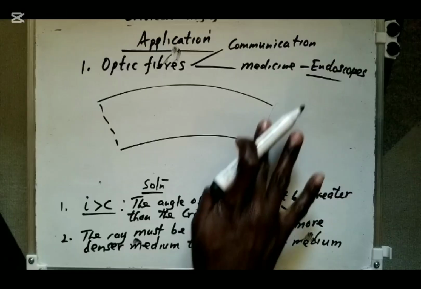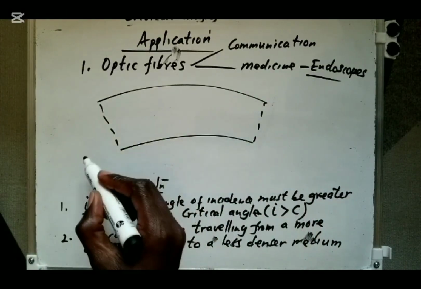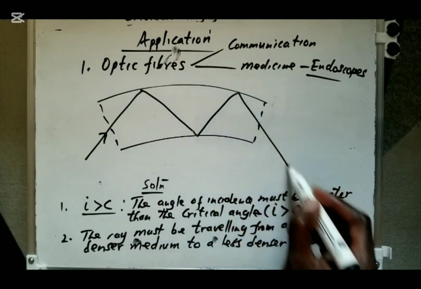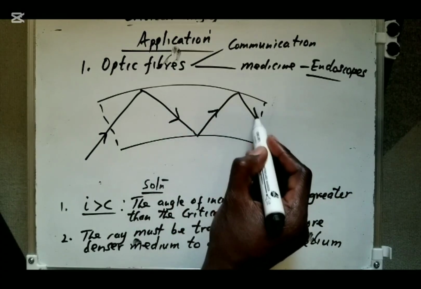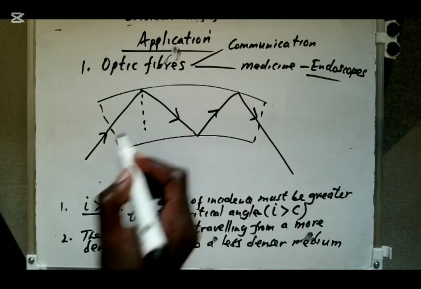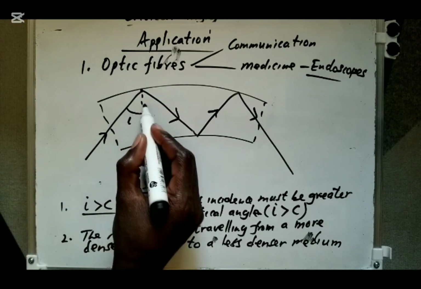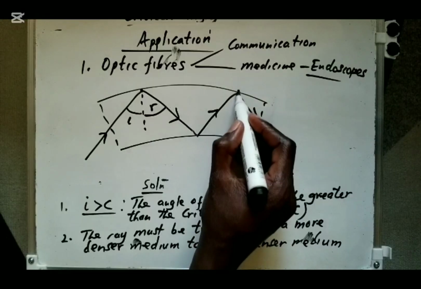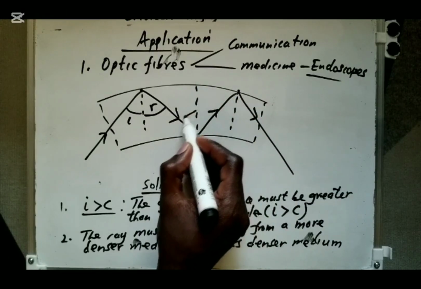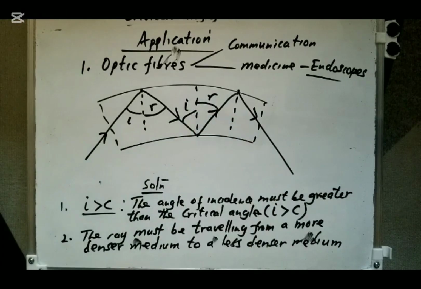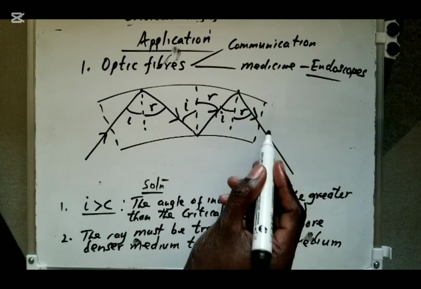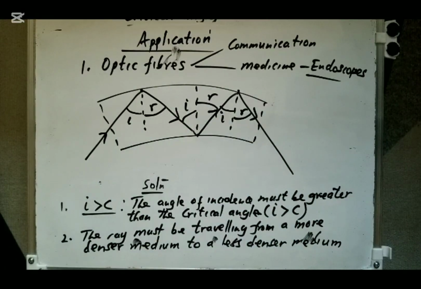Let me use dotted lines to show the end of a fiber. It can be very long. When light enters, it will keep bouncing until it comes out of the material. At the point where it is bouncing, the angle of incidence will always be equal to the angle of reflection. Even here, if you were to draw a normal, or even there, this angle i should be equal to r. At any point, the angle of incidence will be equal to the angle of reflection until it comes out from the optic fiber. So that is what you're going to find.